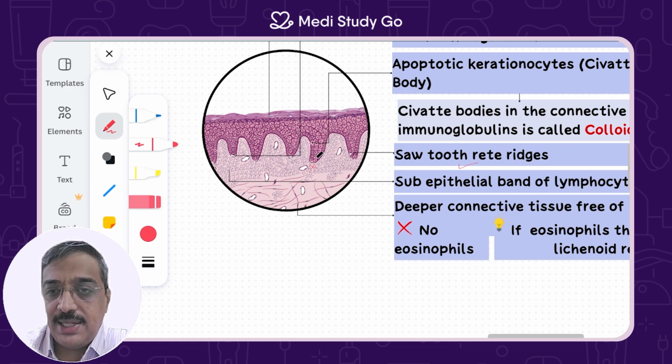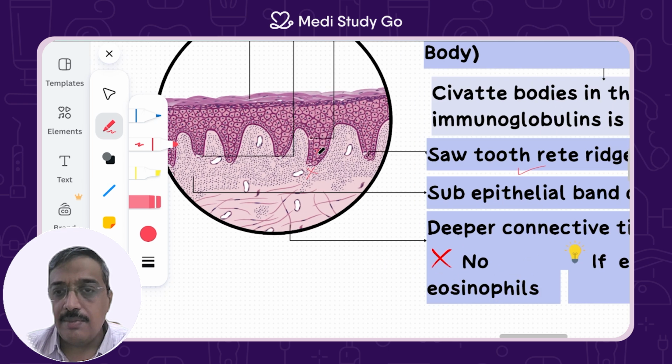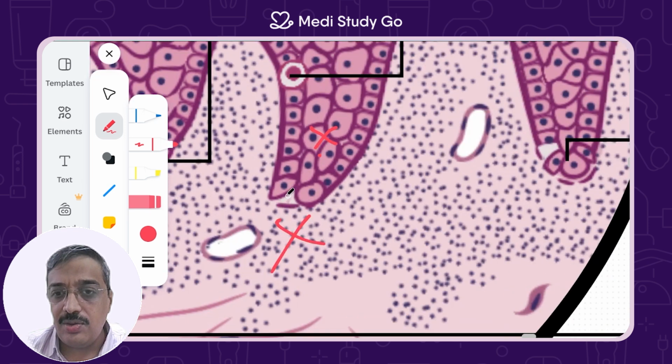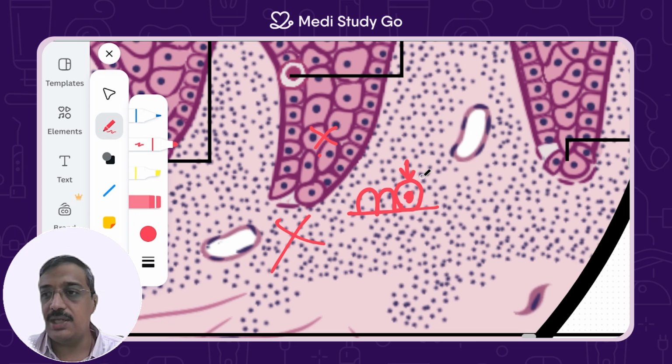And since the basal cell degeneration is taking place, the spinous layer appears to be sitting on top of the basal cells itself. So it looks as though there's no basal cell. How should the basal cell usually be? The basal cell is usually nice and cuboidal, sitting like this. But imagine if a polygonal cell with a large nucleus sits on that area. This is called basal cell degeneration.